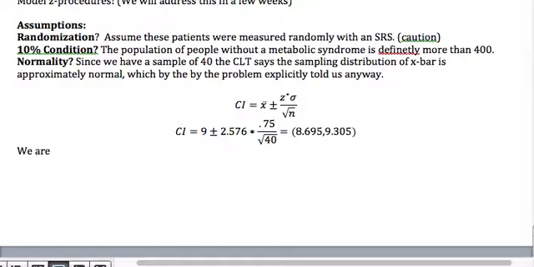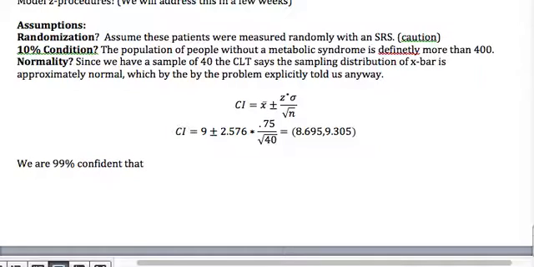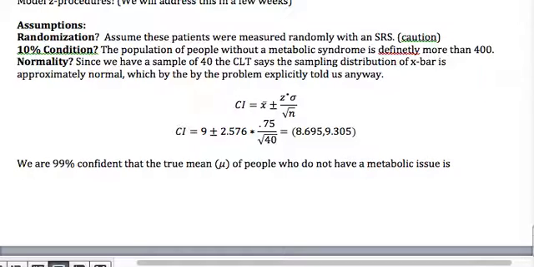Interpretation. We are 99% confident that the true mean of people who do not have a metabolic issue is between those two numbers, 8.695.